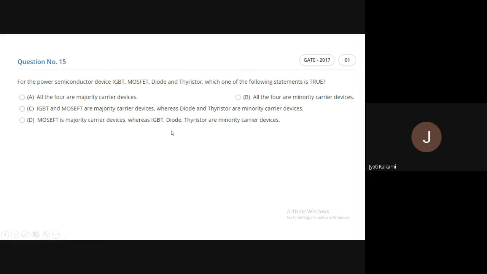Whereas BJT is bipolar junction device. आता युनिपोलार आणि बायपोलार म्हणजे काय? तर युनिपोलार junction device means those devices carries the current only for majority carriers. म्हणून त्याला युनी म्हणजे वन. मग युनिपोलार devices carries the current because of only one carrier, that is majority carrier. They don't carry any current because of minority carrier.